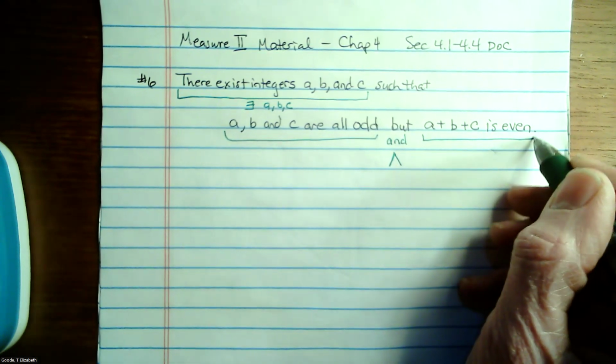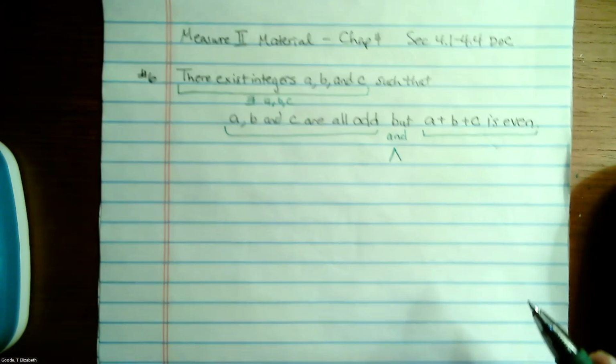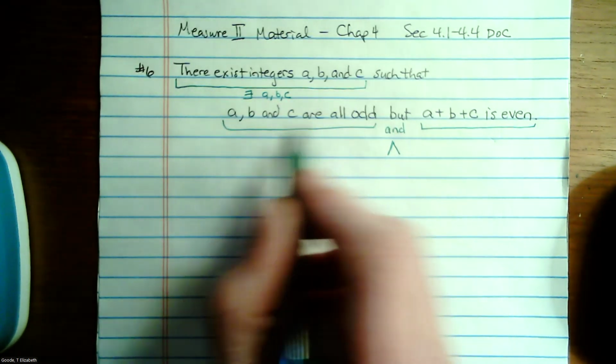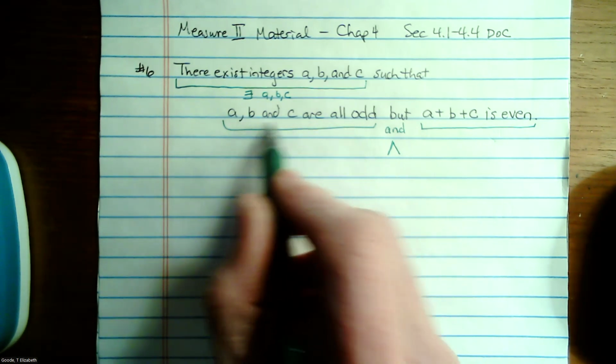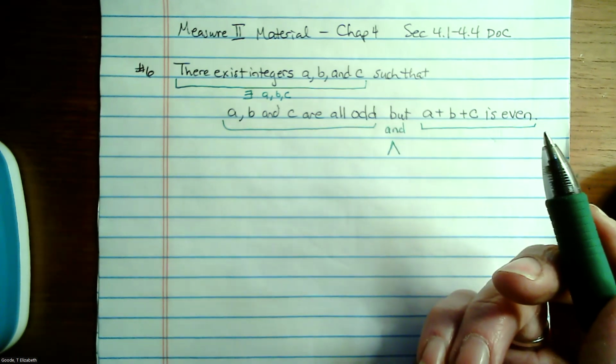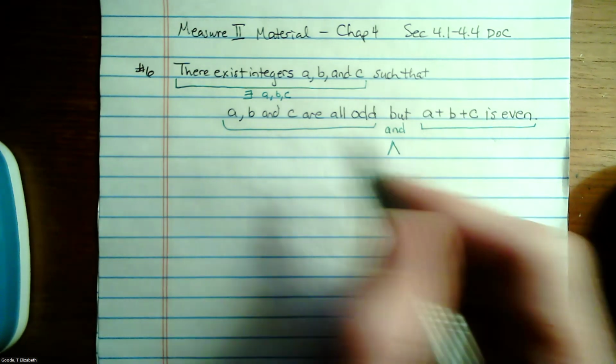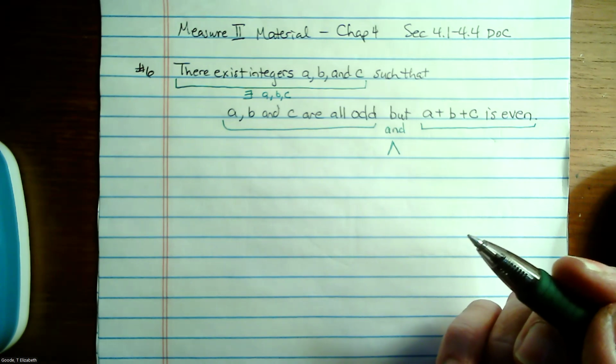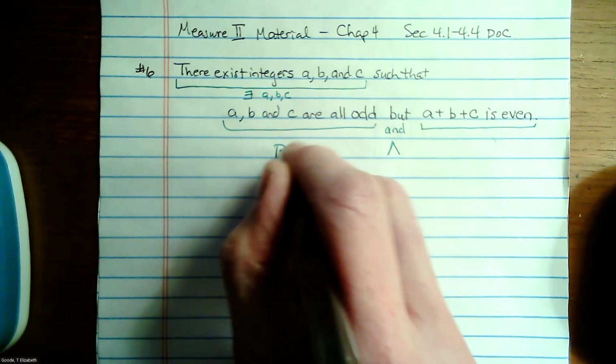And then something about A plus B plus C being even. What would you like to call A, B, and C are odd? Would you like that to be P of X or P of A, B, and C, or not P of A, B, and C? It doesn't matter. P of A, B, and C.